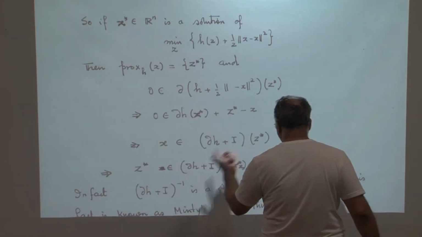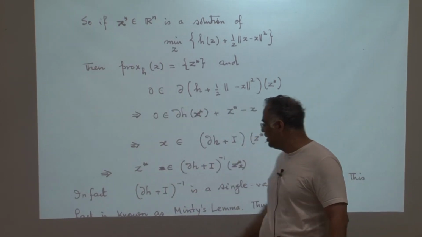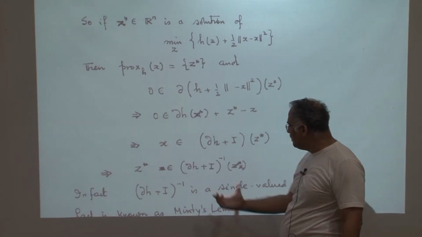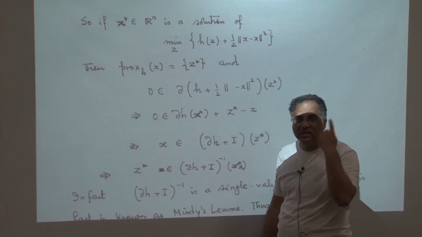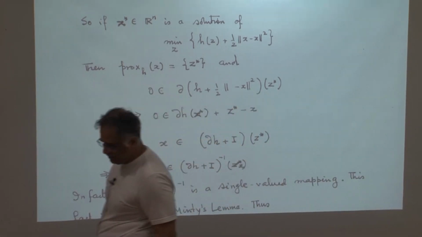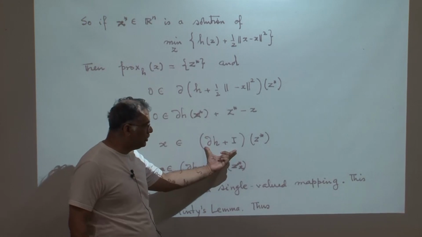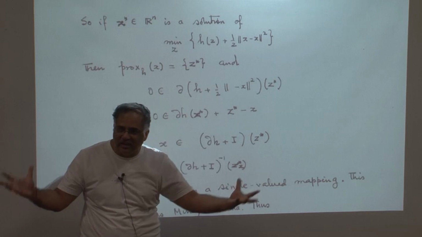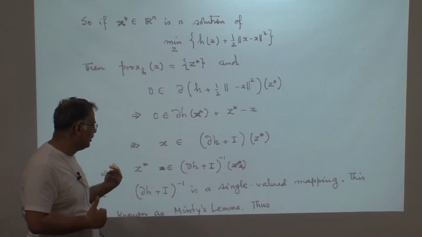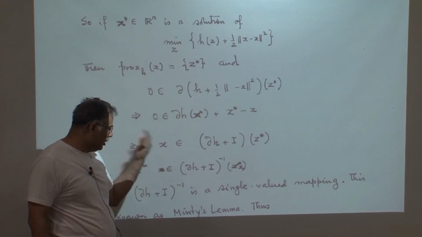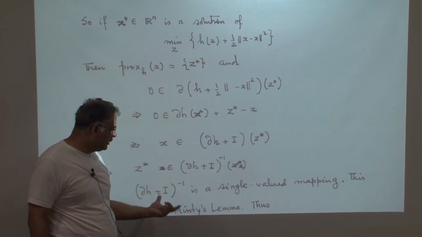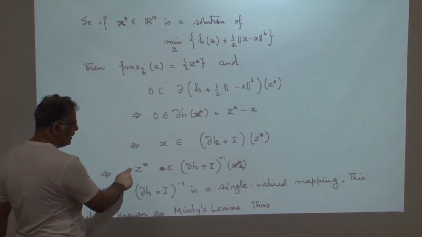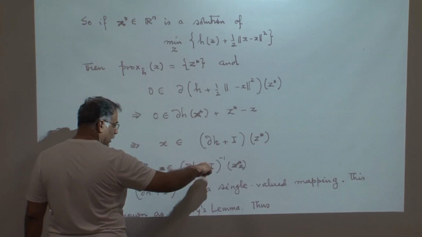But it was shown by Minty, who by the way was an electrical engineer, because he needed it for studying electrical networks, that this mapping is actually single valued. Though this mapping is set valued, taking this z star to a set, when you want to find the inverse of this, z star is actually equal to this of x.